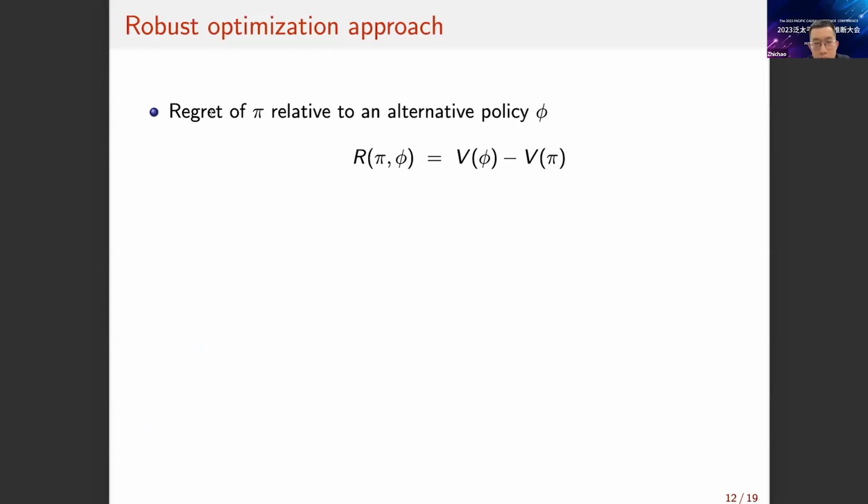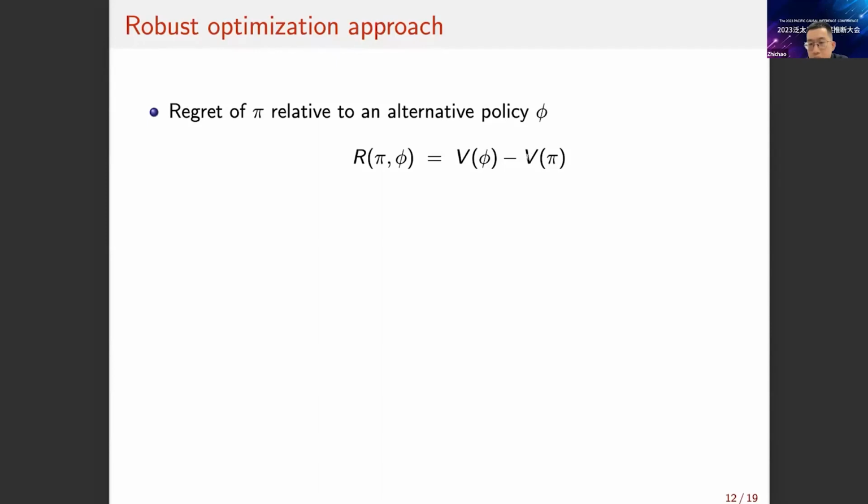This approach focuses on the regret of pi relative to a pre-specified alternative policy phi. This regret is the utility difference between the alternative policy and the target policy pi, and it measures how much utility we lose if we use pi rather than phi.